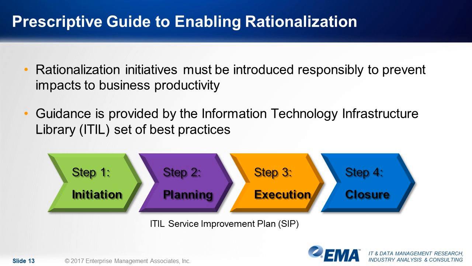To help organizations ensure IT performance and business productivity is maintained throughout the entire restructuring process, EMA has developed a prescriptive guide to enabling rationalization that leverages IT management best practices offered by the Information Technology Infrastructure Library, or ITIL for short. The ITIL transition model details optimal methods for introducing new services in a way that minimizes business risks.